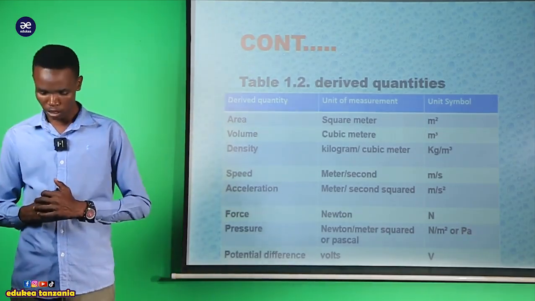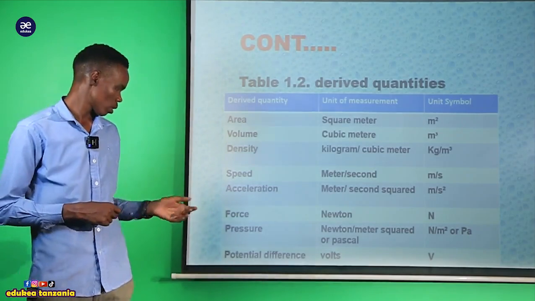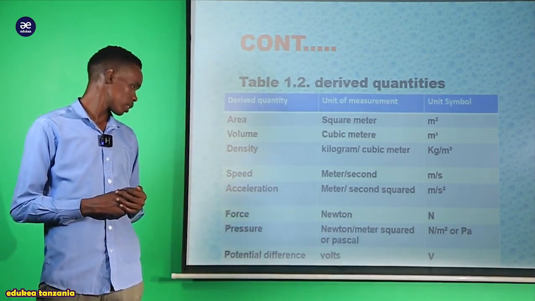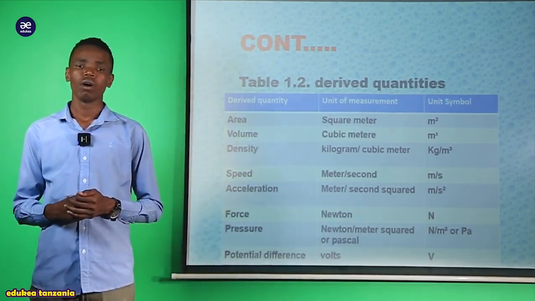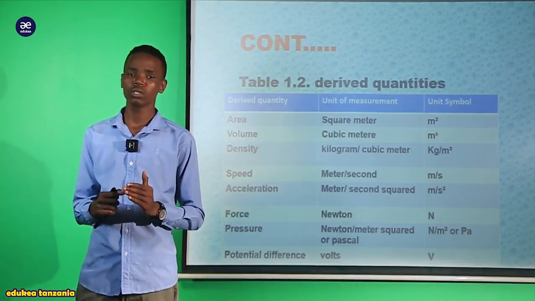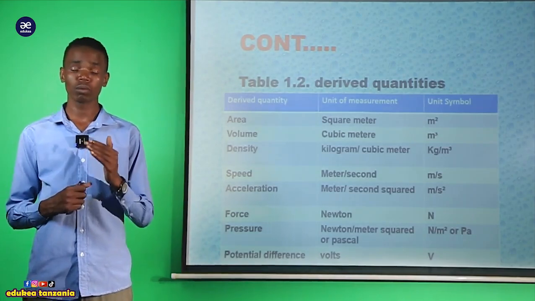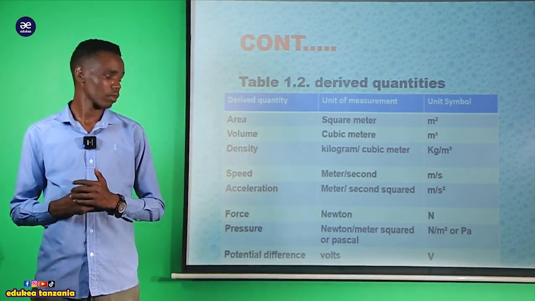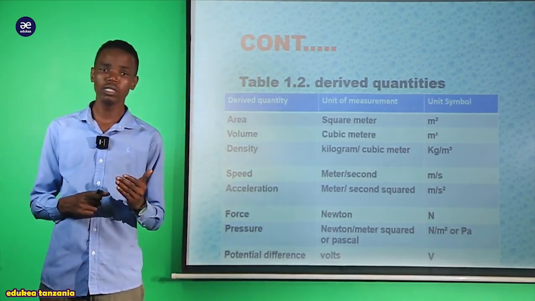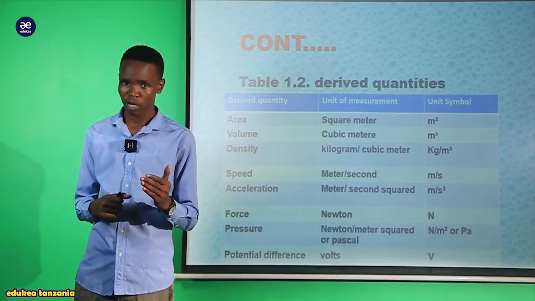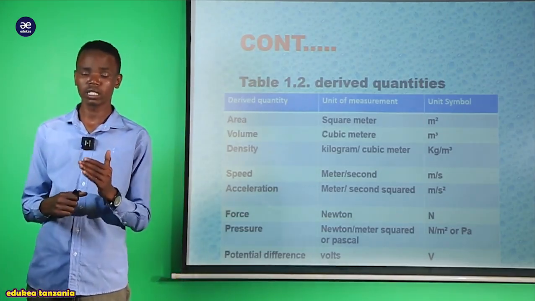Those are the units of pressure, my dear student. Also, we have the potential difference. Potential difference is also a derived quantity because it can be obtained from other quantities. For instance, the unit is the volt, which is represented by the symbol V.